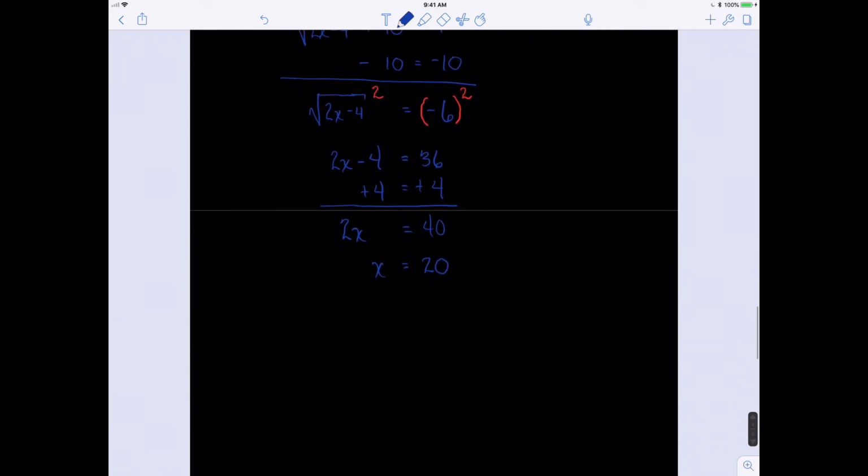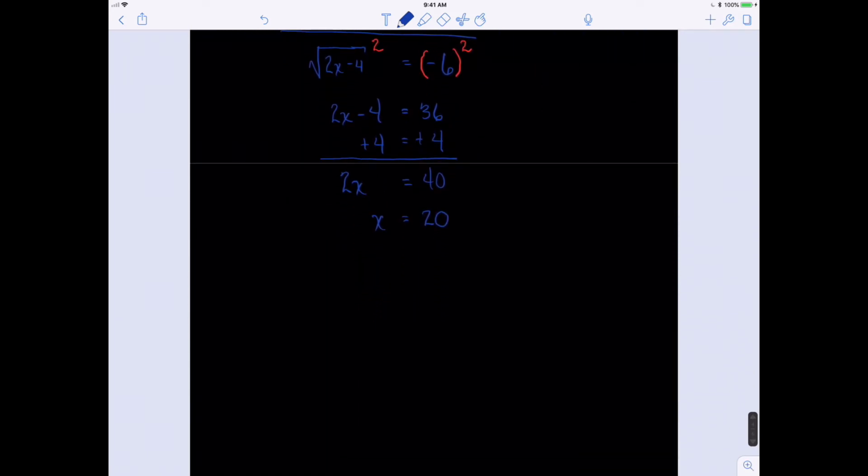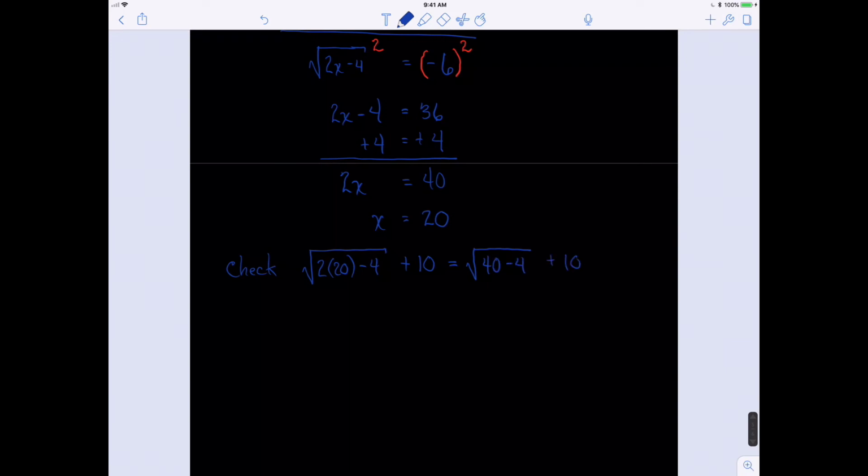Now let's check the problem. So check. If I take the square root of 2 times 20 minus 4, and I'm going to add 10 to it, I should get 4. So let's see, if I do that, I get the square root of 40 minus 4 plus 10.